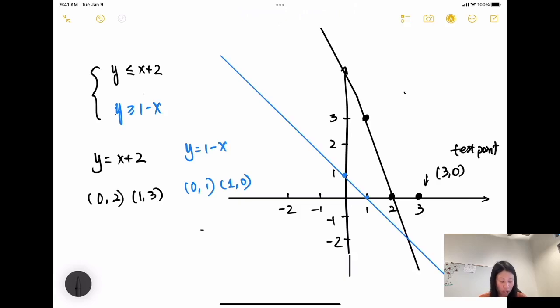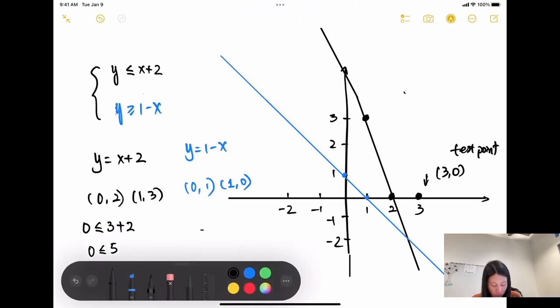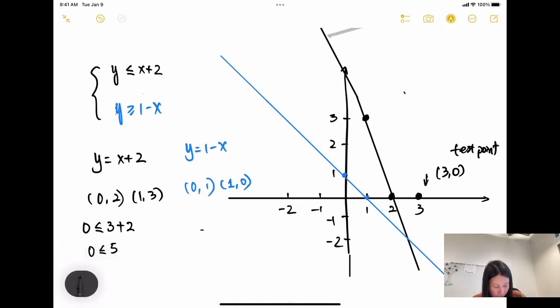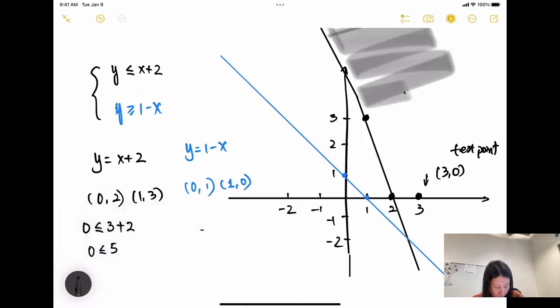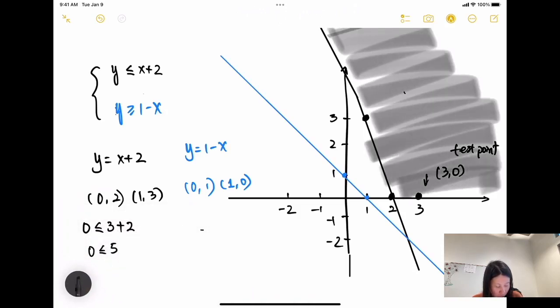I substitute x equals 3, y equals 0 into the inequality. Then I have 0 less than or equal to 3 plus 2, so 0 less than or equal to 5, which means this is the shaded area for the black, in here, because that's the area containing that point.